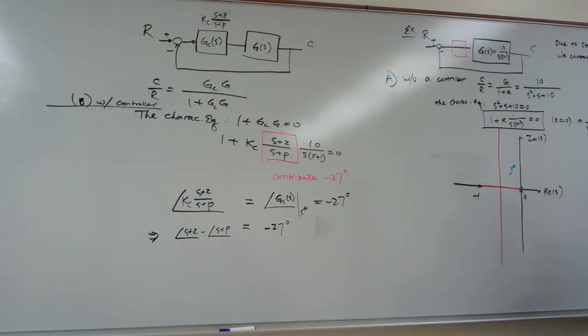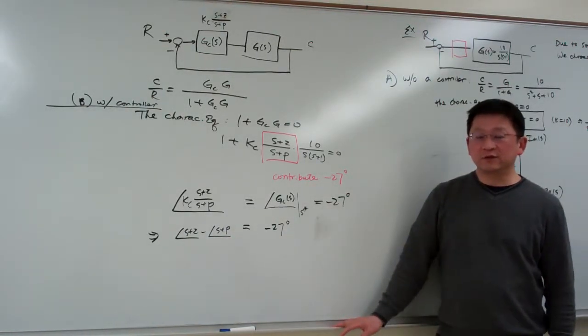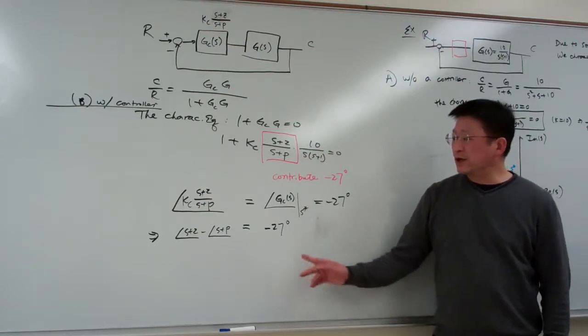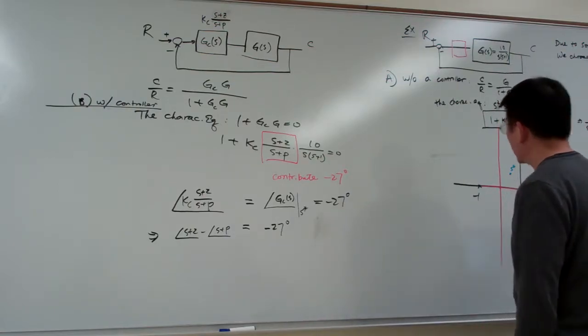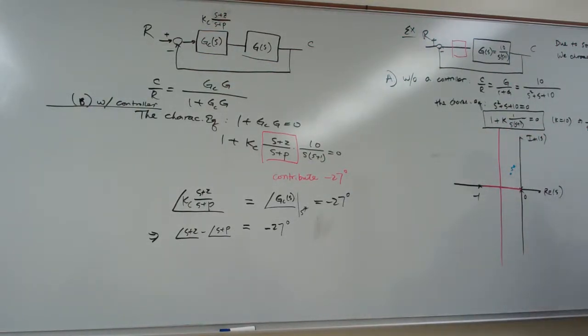And this is the most important step, and you have to come up with this one. Otherwise, the remaining work won't be so accurate. Once we have this, we can proceed to do the analysis.